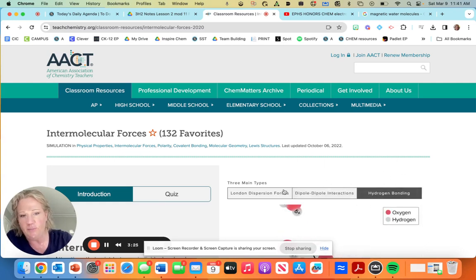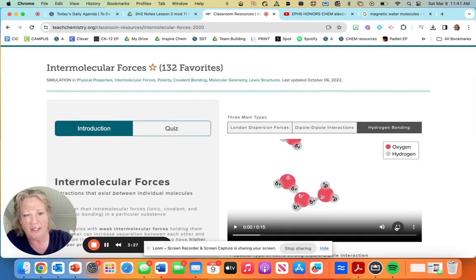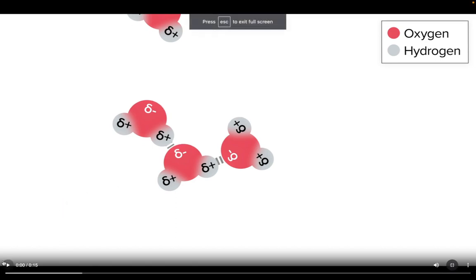And then we have hydrogen bonding, which is just a special case of dipole-dipole. These are exceptionally strong and extreme because we're talking about hydrogen, which only has 1 electron, being bonded to either oxygen, fluorine, or nitrogen. And those are the most electronegative elements on the periodic table.